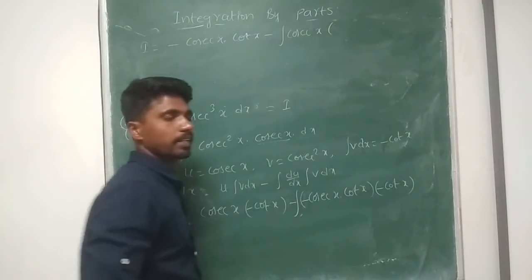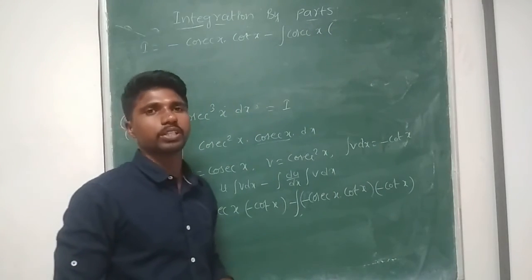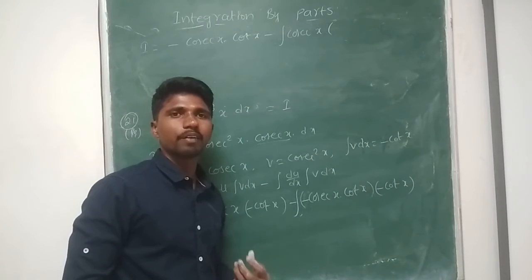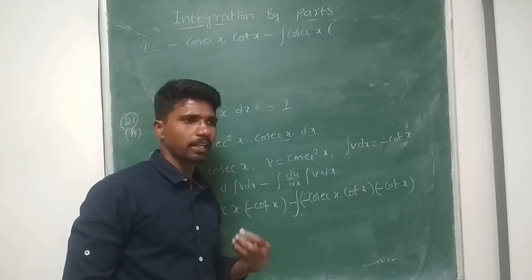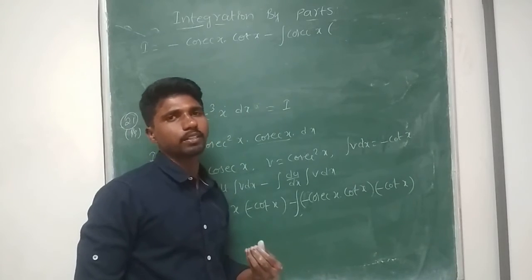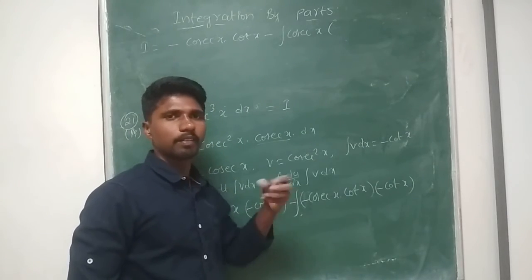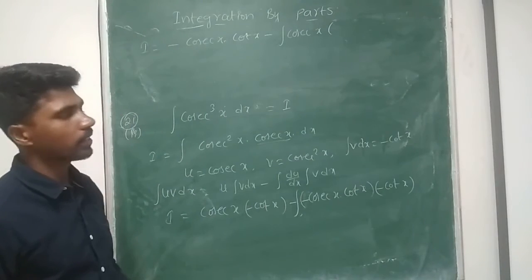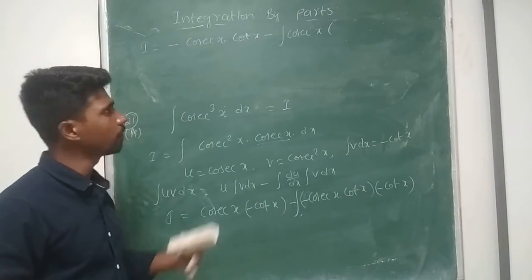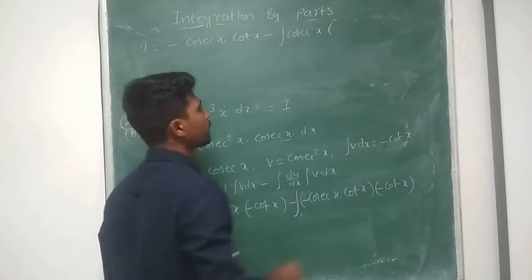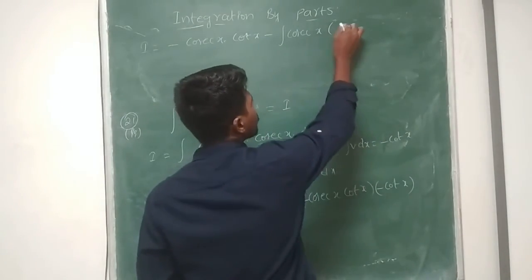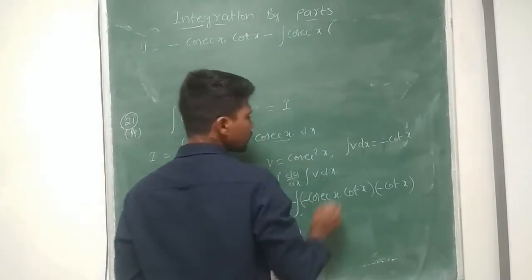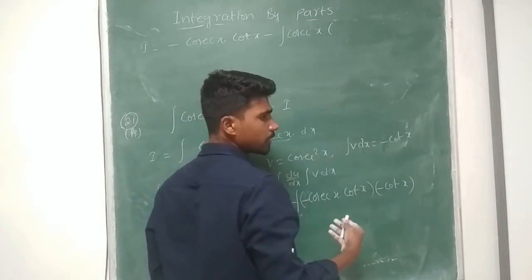So again cot square x, if it were cot x into cosecant square x, I could use the f power n x into f dash of x formula, but it is in reverse form. So I want to convert that cot square x in terms of cosecant. So how can I write? 1 plus cot square x is cosecant square x.